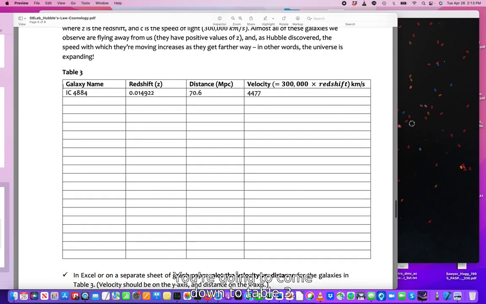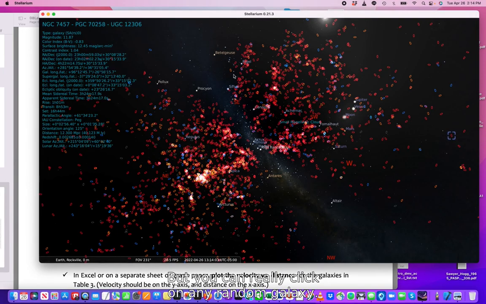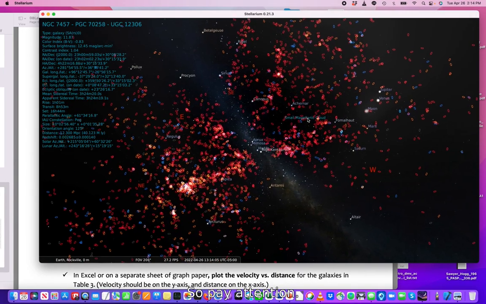You're going to come down to table 3, all right? So table 3 has 1, 2, 3, 4 columns. You're going to randomly choose galaxies, okay? This example, IC 4AA4, is given to you just as an example, but you can really click on any random galaxy, so pay attention.